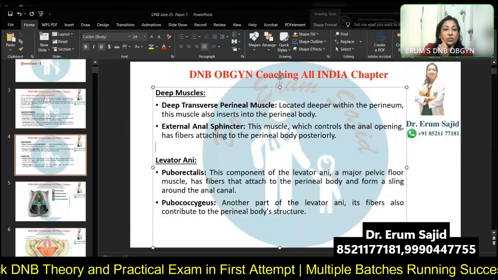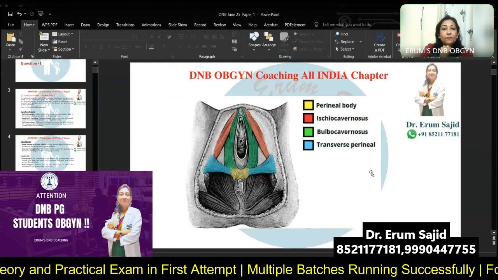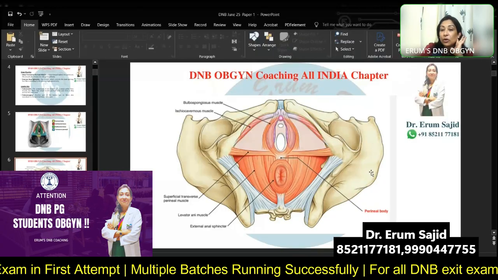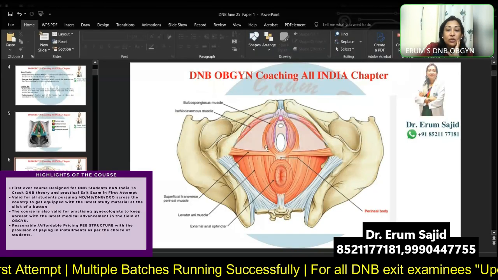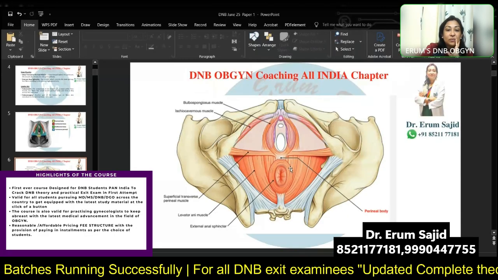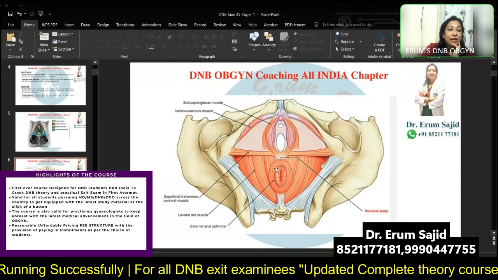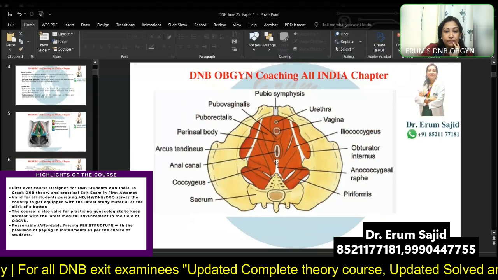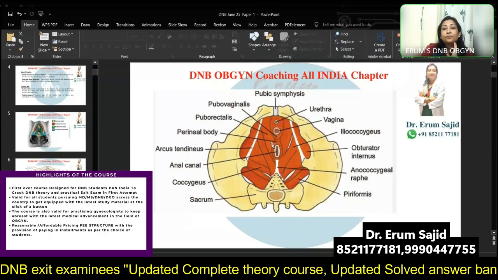Puborectalis and pubococcygeus. All right, and then I have got various diagrams to emphasize that this is the perineal body. Bulbospongiosus, ischiocavernosus, it's got superficial as well as deep transverse perineal. All the levators over here will find some attachment as well, right over here. Correct?